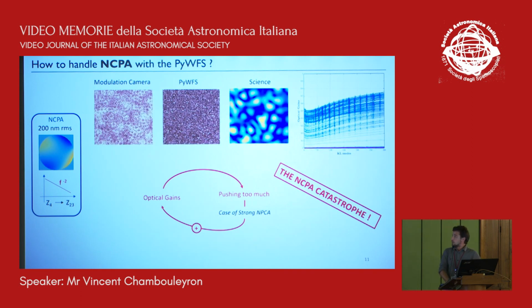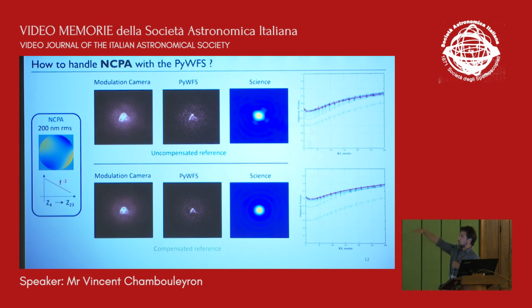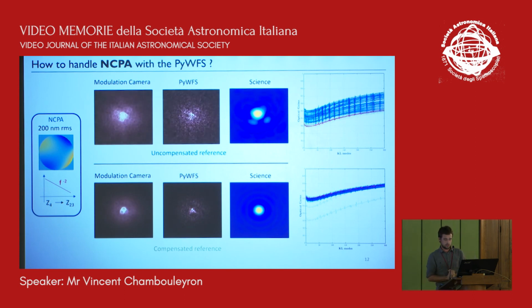So if we use the modulation camera, here on the top is what I showed you, the uncompensated reference, and if we use the modulation camera to compensate the reference and to follow the gains, actually we don't diverge and we correct the NCPA in a good way.